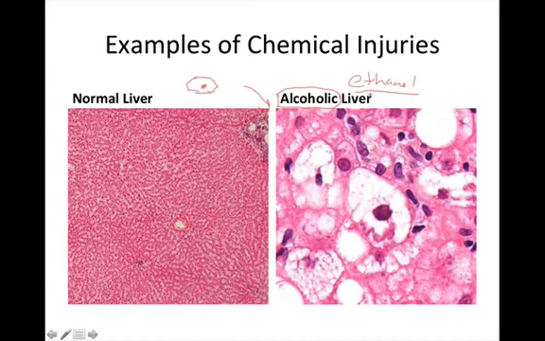When someone is chronically pumping themselves full of alcohol, they're creating more of these metabolites than they can eliminate. So the liver is constantly spending all of its time trying to break down the alcohol. Then these liver cells start to die, they fall apart, and you start to see a lot of cellular accumulations.